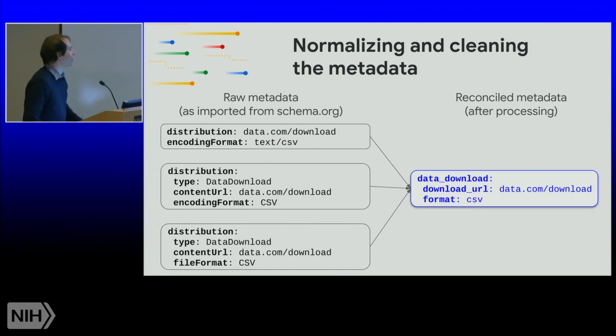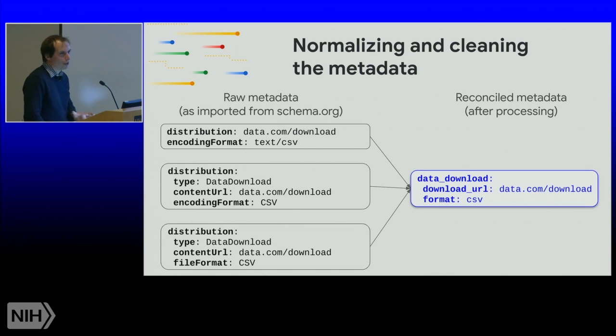So this is an example where someone was saying how one can download the data set, and as you can see, the first and the second and the third option here are using different field names between encoding format and file format, and distribution being an object versus being just a URL.